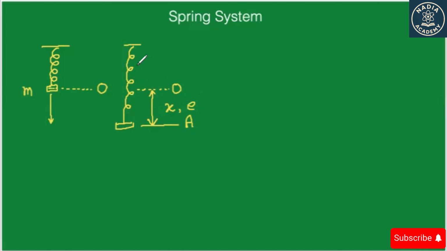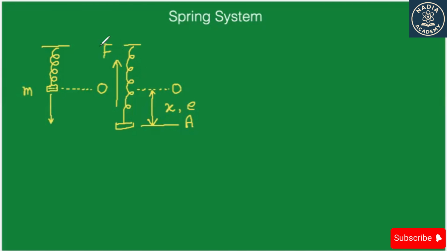Okay, now what will happen when you will be pulling this spring downwards, that means you will be applying force downwards, and this spring will try to oppose your applied force, and in that way you can say that the spring is in fact applying the force upwards.